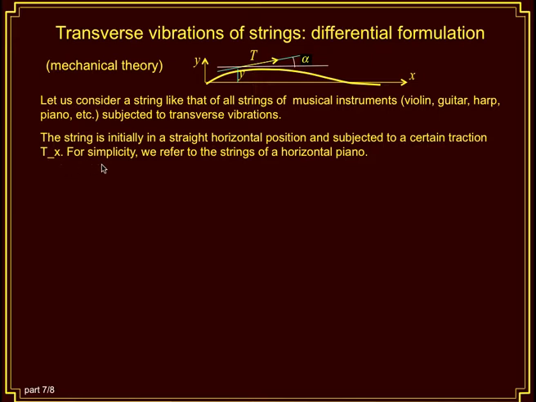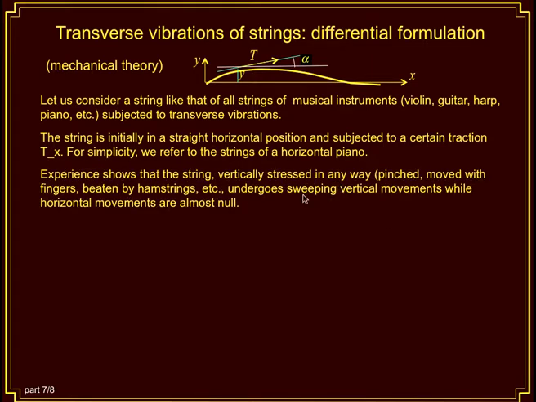For simplicity, we refer to the strings of a horizontal piano. Experience shows us strings vertically stressed in a way, pinched, moved with fingers, like in the guitar, beaten by hammers like in the piano, undergo sweeping vertical movement, while the horizontal movement is almost null.